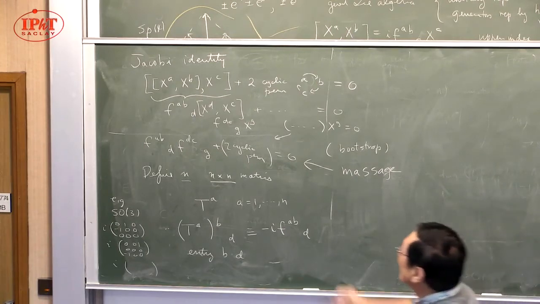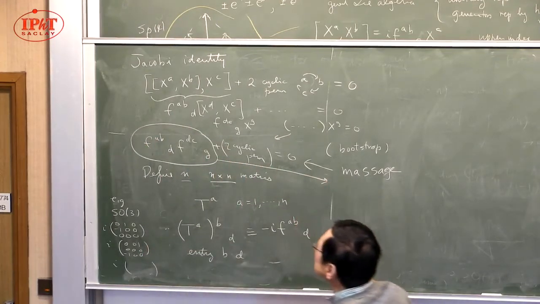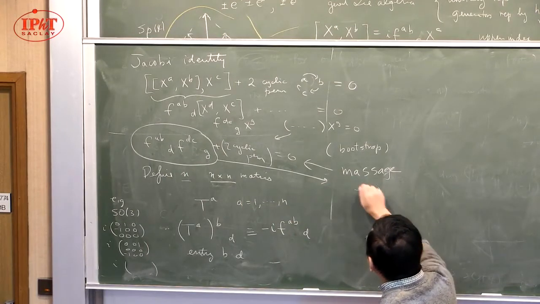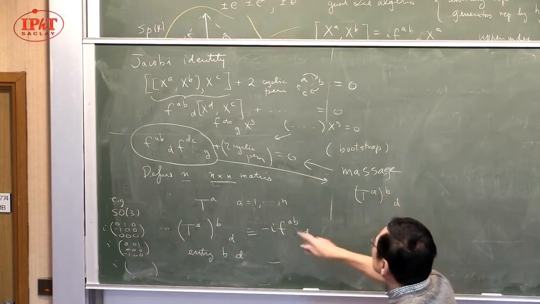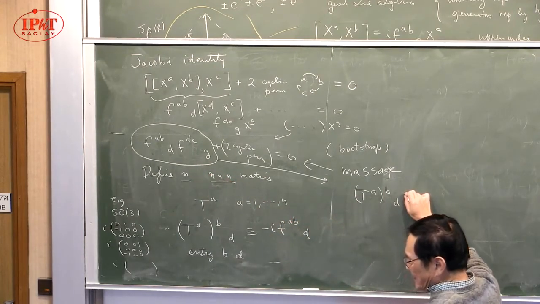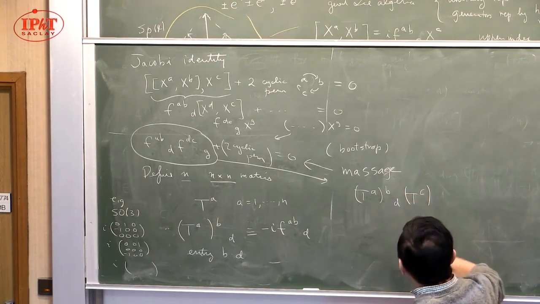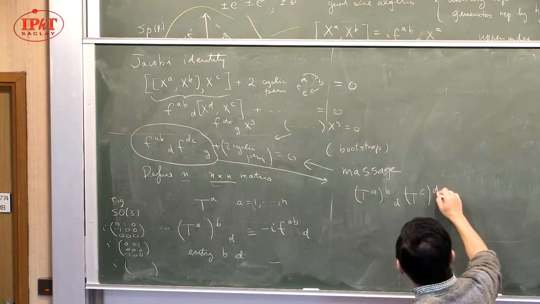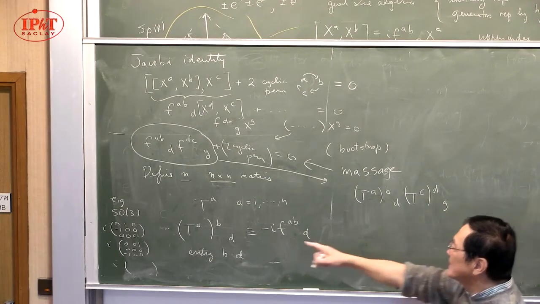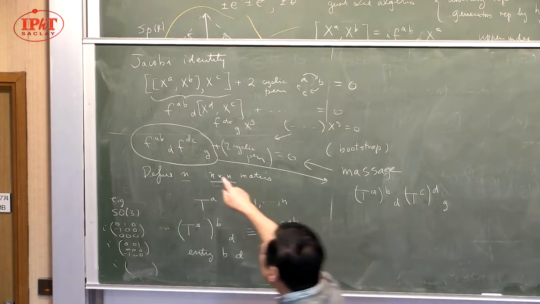For example, this first term, you can see F_ABD is just the matrix T_A, BD, times the matrix T_C, DG, up to some sign, and minus i's and so on.